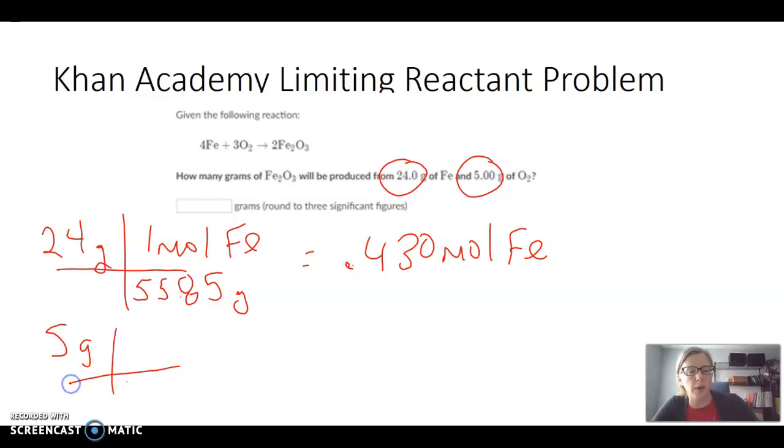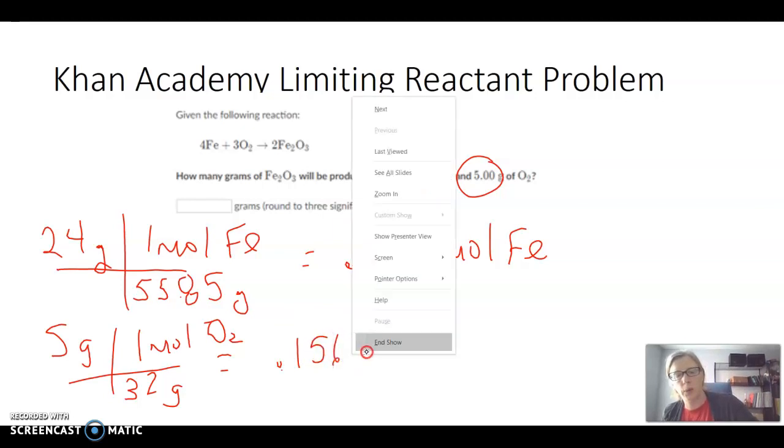So I have 5 grams of oxygen. The molar mass of O2 is 32 grams, 2 times 16. So 32 grams per mole of oxygen, O2. So 5 divided by 32, and that gives me 0.156 moles of O2.